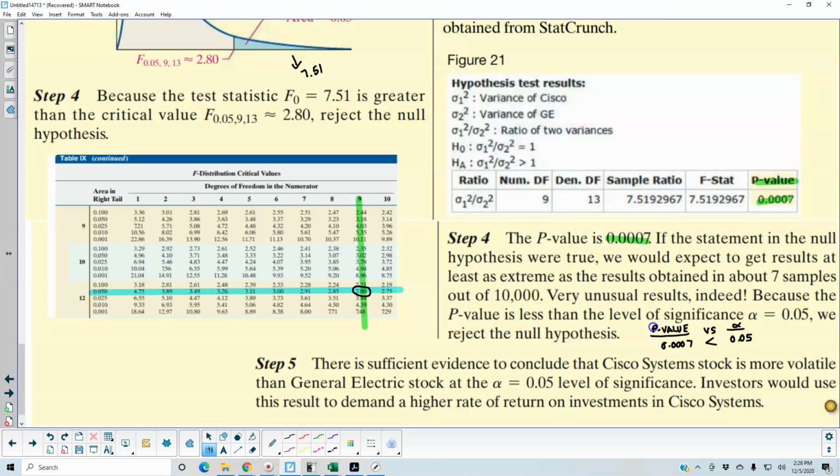If that is the case, then we reject the null hypothesis. Therefore, there is sufficient evidence to conclude that Cisco Systems stock is more volatile than General Electric stock at the alpha equals 0.05 level of significance. Investors should use this result to demand a higher rate of return on investments in Cisco Systems.